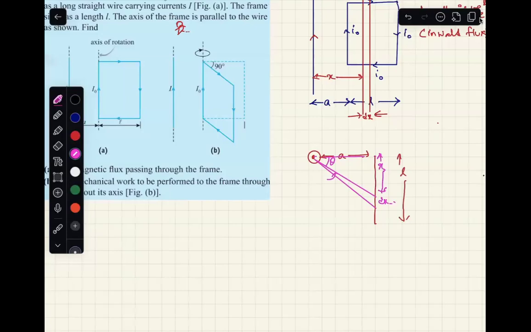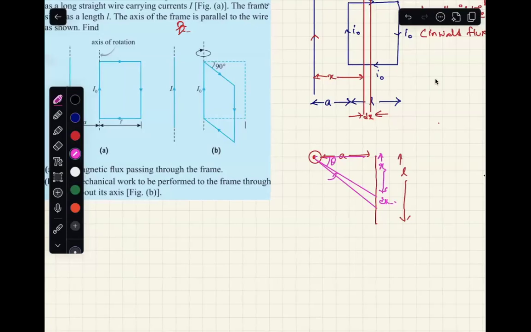Now, what is going to happen in this case? This is a d theta. Please try to understand, at this point, due to an outward current carrying conductor, can you please tell me what is going to be the direction of the magnetic field? Right hand grip rule.